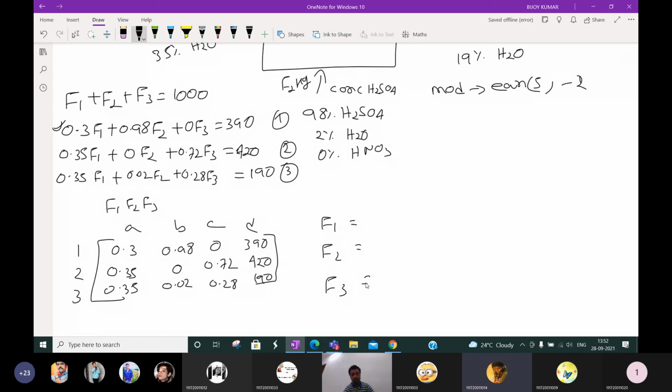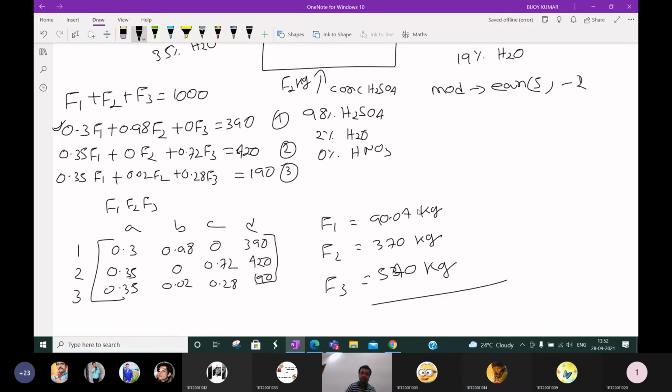F1 is 90.04 kg, F2 is 370 kg, and F3 is 539.56 kg. Let us take 540 kg.